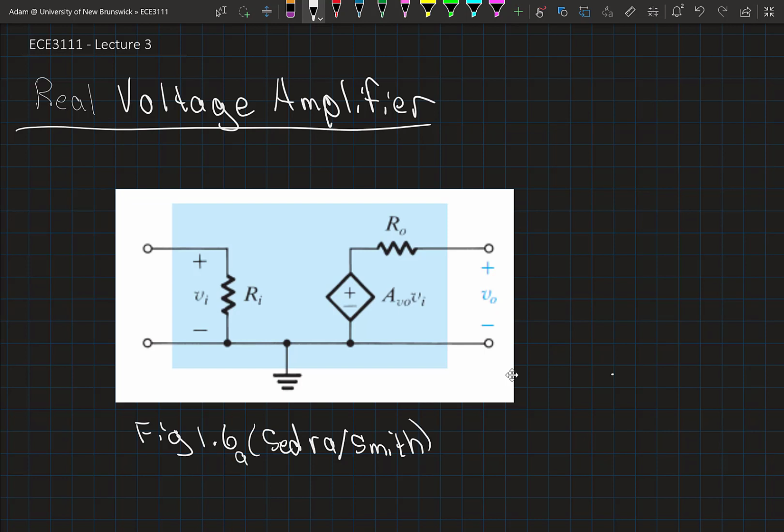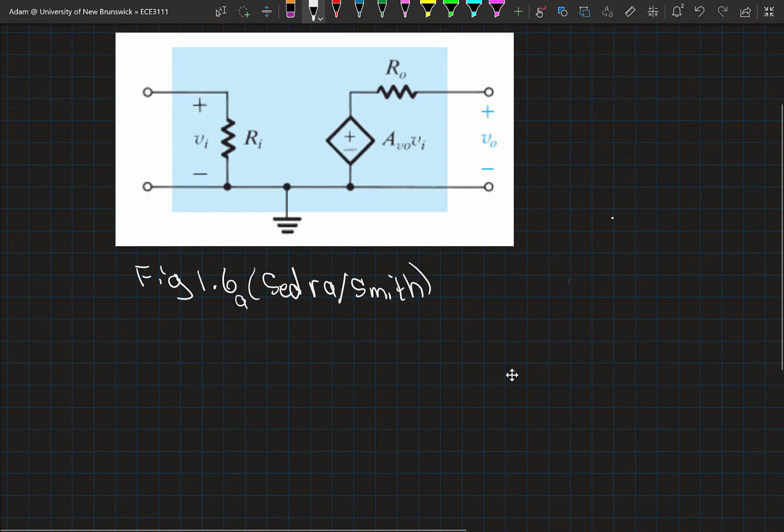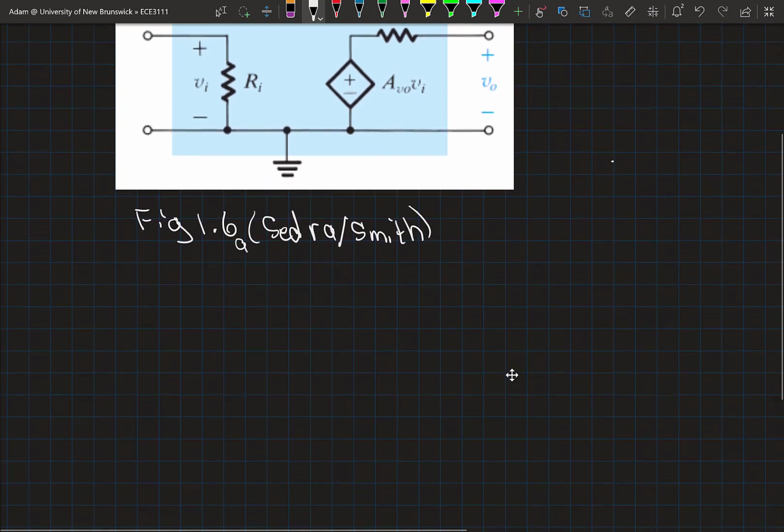So here we see our real amplifier model, and you'll see a few differences. We now see that there is an input resistance on this amplifier. We'll see an output resistance, but before we go all the way to this real model, let's analyze it kind of step by step.